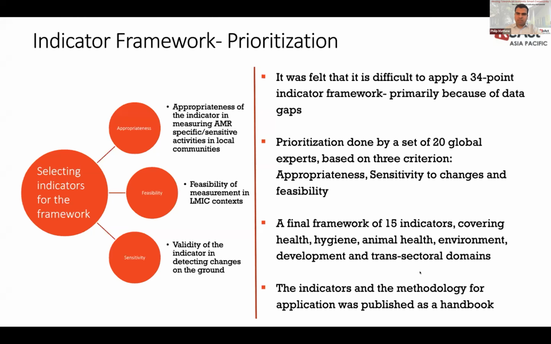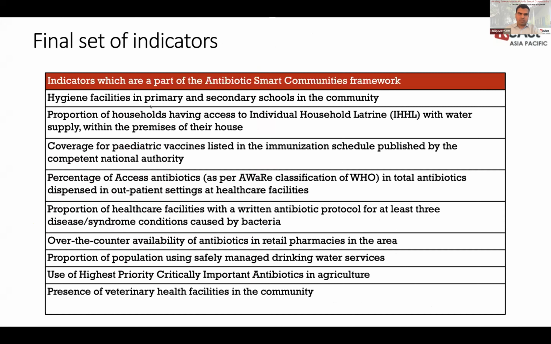The indicators and the methodology for application were published as a handbook, which Otto had shown in the last slide of his presentation.